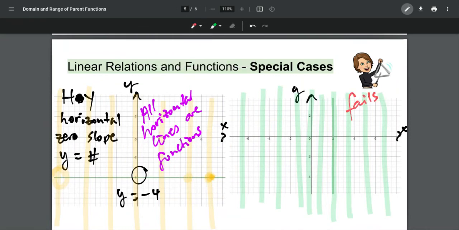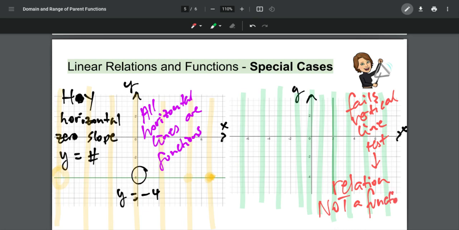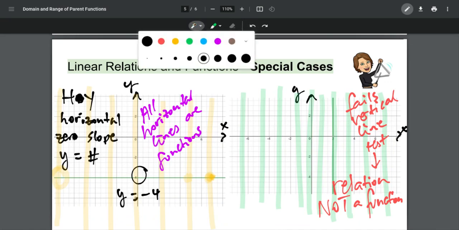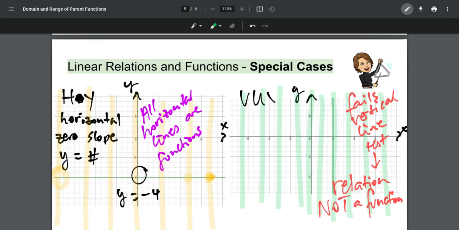And that's what makes it a relation, not a function. Now, I have to tell you, this is a relation as well, but in addition, it's a function. It's like a square that's also a rectangle at the same time, right? But not vice versa.